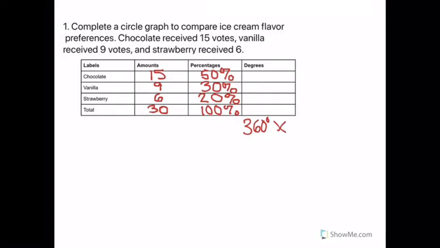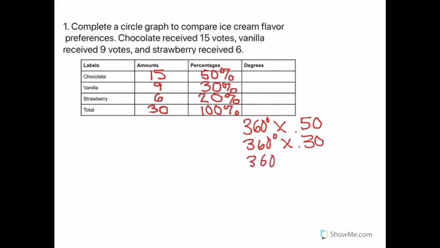We're going to multiply it by 50% for chocolate, or 0.50. For vanilla, 360 degrees. The percentage was 30%, so multiply it by 0.30. For strawberry, 360 degrees times 20%, or 0.20.